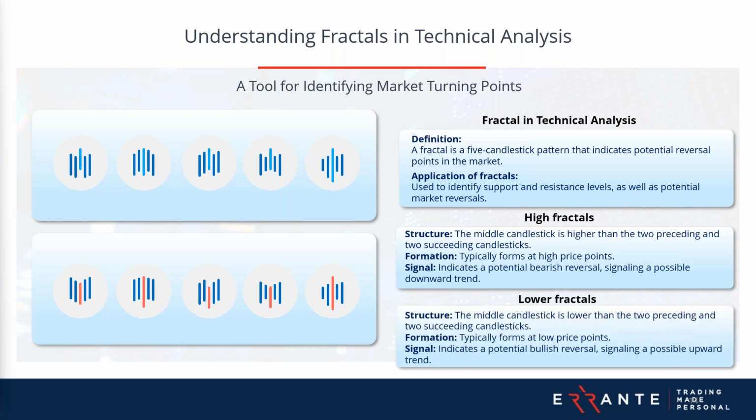We know this low fractal signals a potential bullish reversal in the price movement, suggesting that the downward trend may be coming to an end and an upward trend could start. When you identify a low fractal, use it as an alert to look for buying opportunities. Confirm the reversal with additional technical indicators like Bollinger Bands or stochastic oscillators to enhance the reliability of these trading setups.